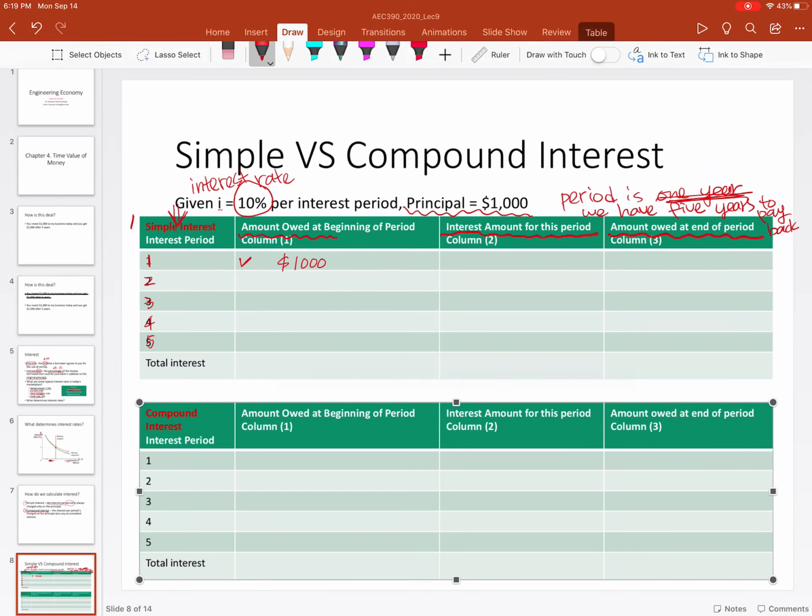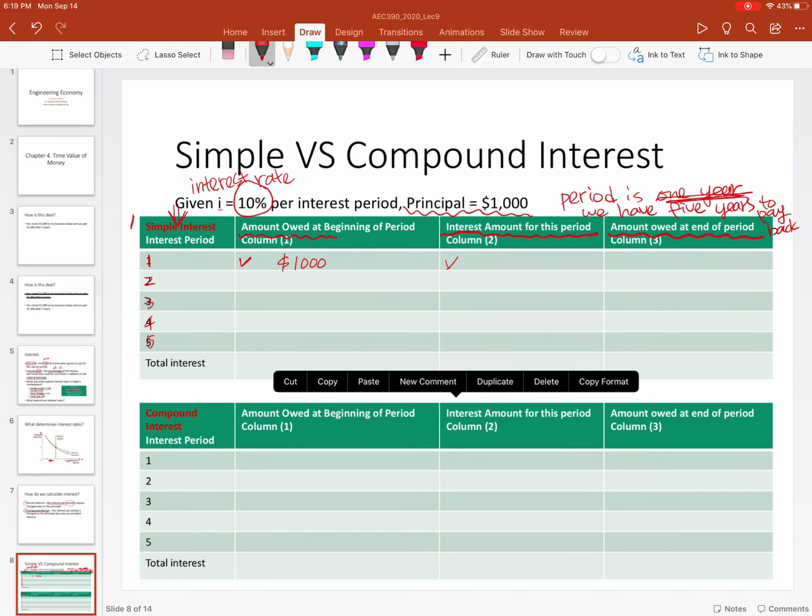And for this cell, the interest amount for this period: for simple interest, by definition, every time you calculate the interest, it will be the initial amount times the interest rate. So what is the initial amount? What is the principal? Principal is the initial amount, okay? So keep that in mind. Let me write it here.